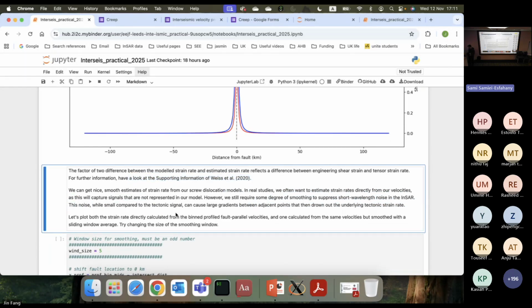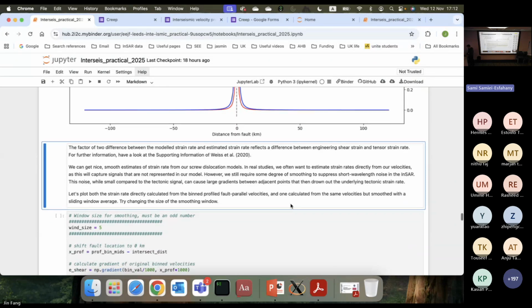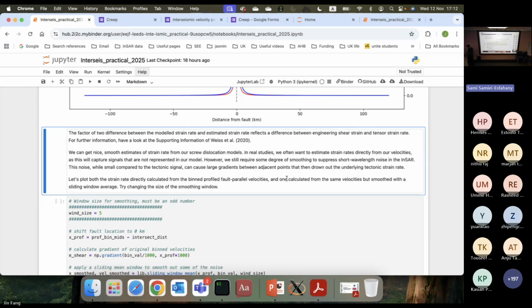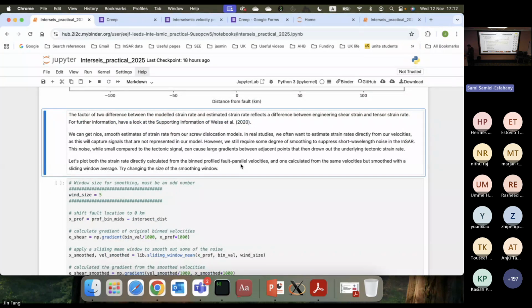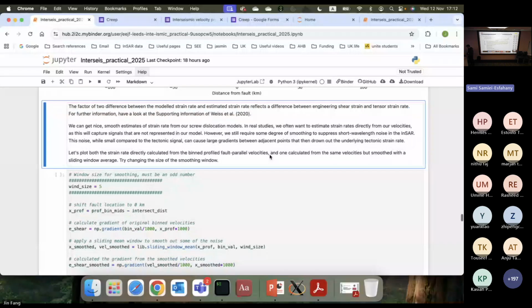So we can get nice smooth estimates of strain rate from our screw dislocation model, but in real studies, we often want to estimate strain rates directly from our velocities. But we still need some degree of smoothing to suppress short wavelength noise in the data. This noise is small compared to the tectonic signal, but it can cause large gradients between neighboring points and then drown out the underlying tectonic strain rate.